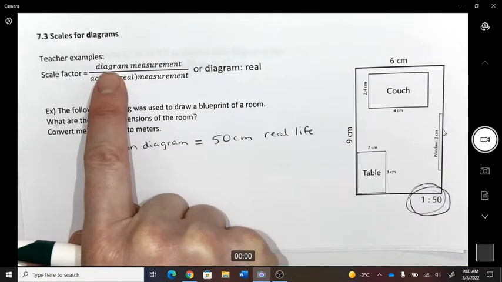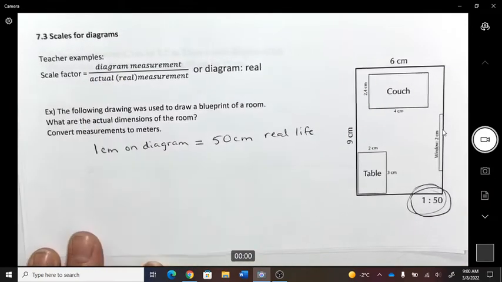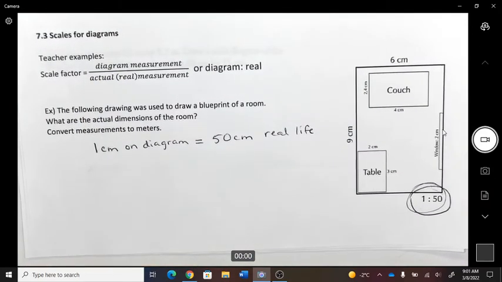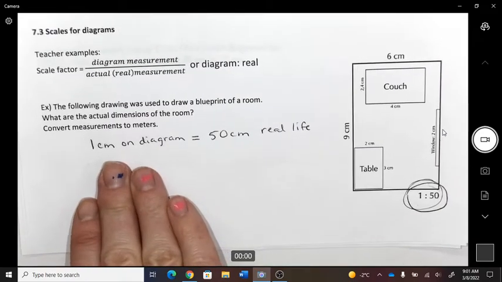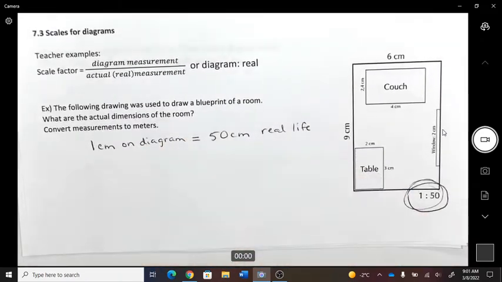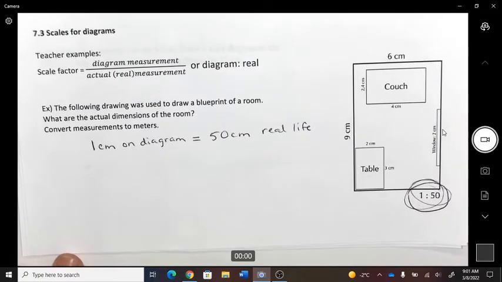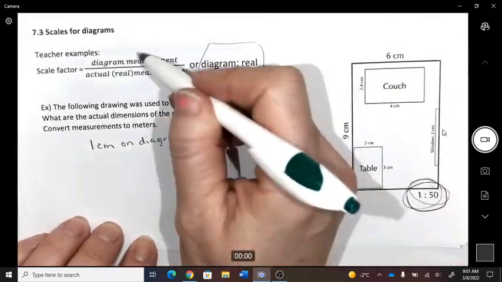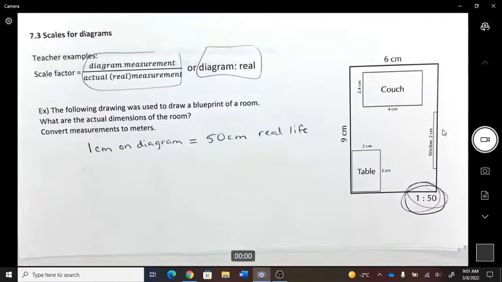So it's always the diagram to the real. So 1 centimeter on the diagram is 50 centimeters in real life. We're good with that? Understanding 1 to 50, that's what it means. And here it always goes in that order, as a fraction or as a ratio.